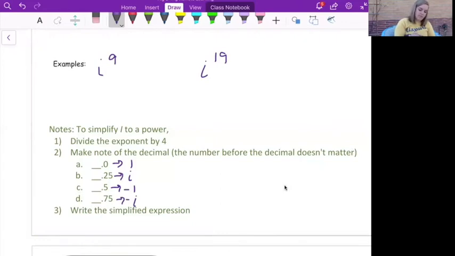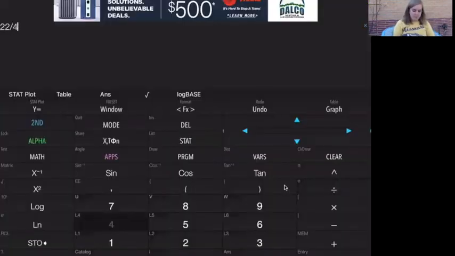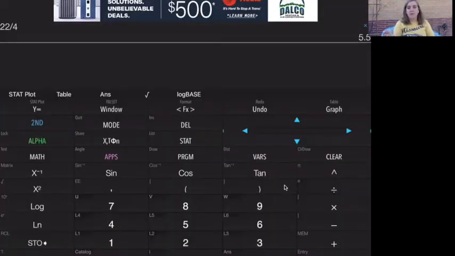And the reason for that is these are associated to I to the fourth, I to the first, I to the second, and I cubed. So when we go to these, if we take 16 divided by 4, we know that 16 is divisible by 4, so this would just be 1. If we take 22 divided by 4, I get 5.5.